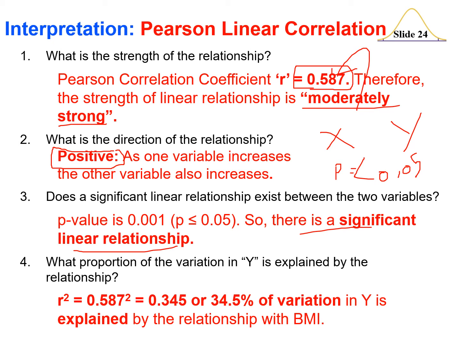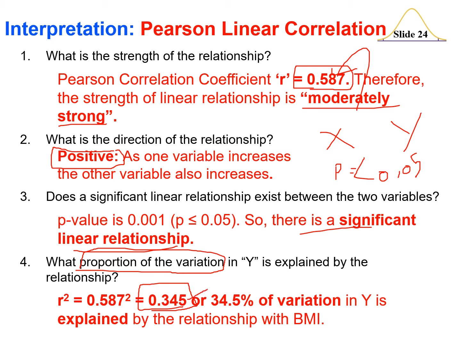Number four, what proportion of variation? The proportion of variation is the coefficient of determination, r squared. So r squared is 0.587 squared. The answer is 0.345.